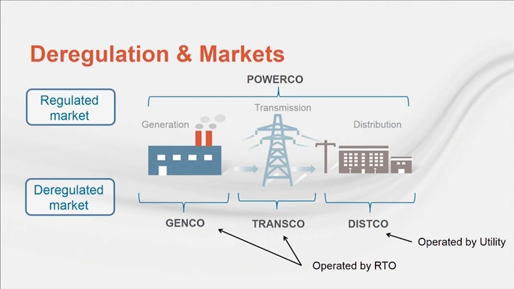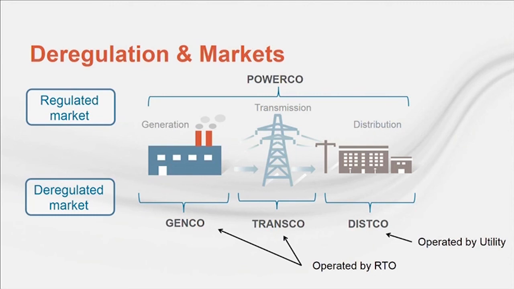In these markets, the grid operator does not own or physically operate the power plants. They direct the operation of the generators. They decide which generator should run based on their economic costs and operating characteristics. Generators who don't follow the RTO's instructions are punished financially. The transmission system is also operated by the grid operator, but again, they do not own or maintain it.